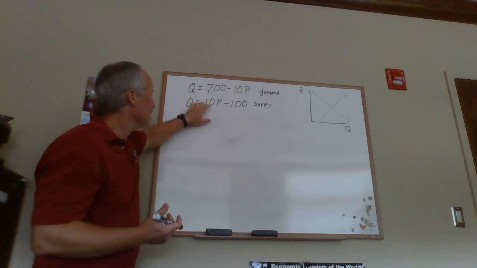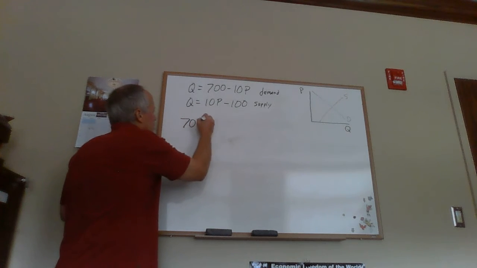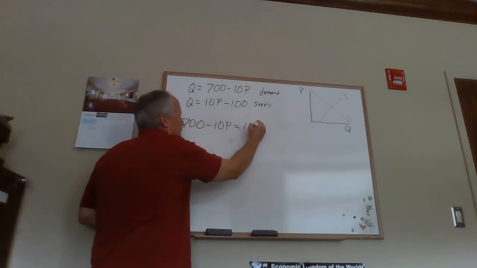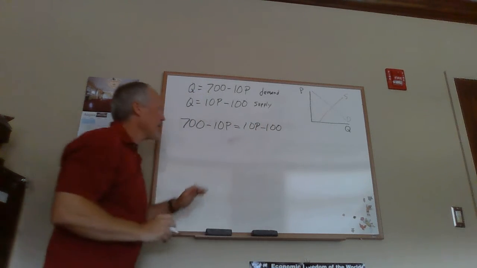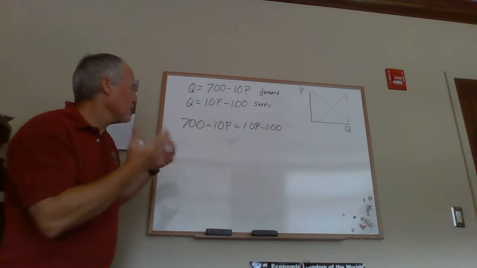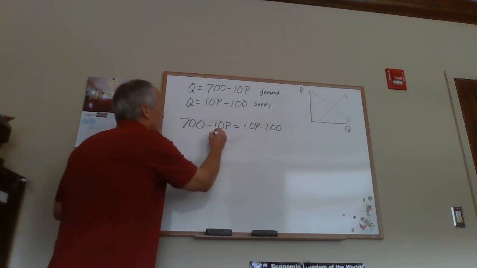So you can take this and set it equal to that. And so this is what we have here. And all you have to do is simply solve for P in this expression here.